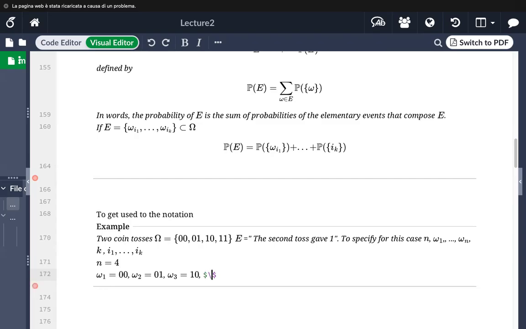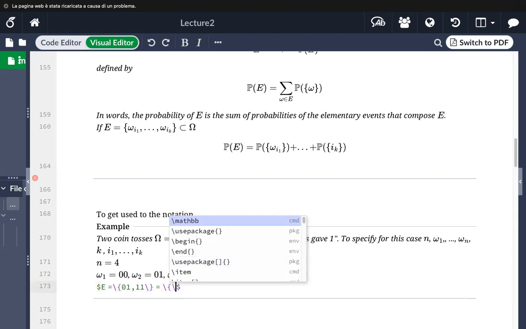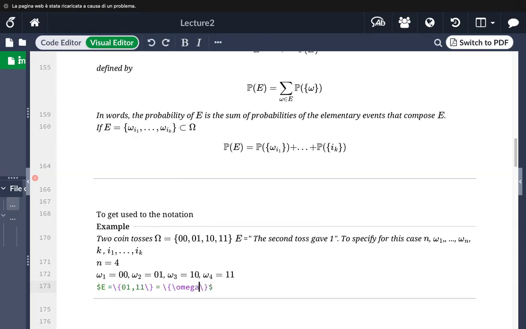And omega 4 is equal to 1,1. E, the event, is equal to omega 3 and omega 4.